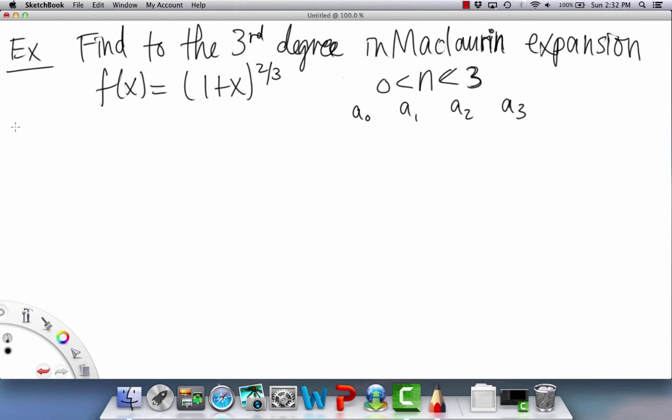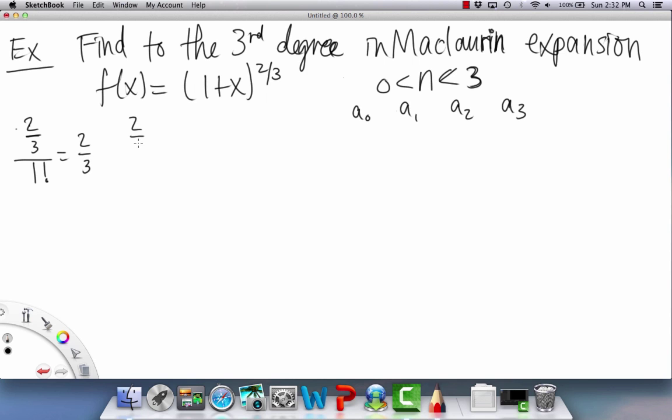I think that's a good way to go, because then you have the coefficients, and then you can just plug them into the formula. So our coefficients are going to be 2 over 3. So this is our A, right? Over 1 factorial. That's just 2 over 3.